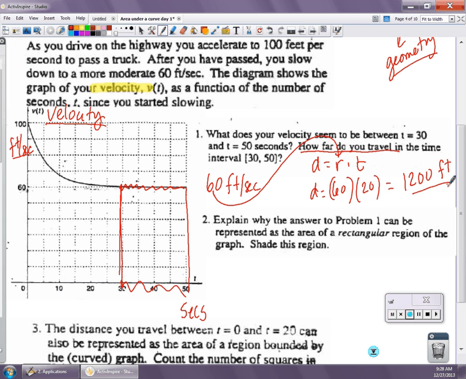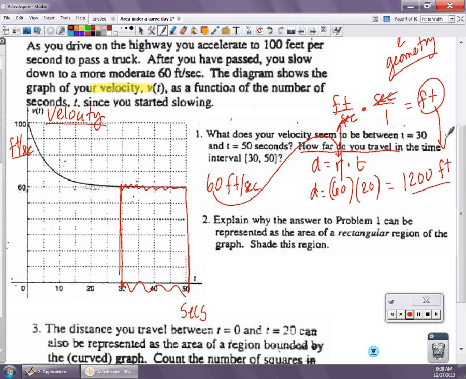Now another thing I want you to notice is that the units for velocity are feet per second, and the units for time is seconds. The seconds divide out and leave you with feet. You do some of that unit work in science, but I want you to see where the units come from and why it's feet and not feet per second. It's change in position, it's how far you travel.